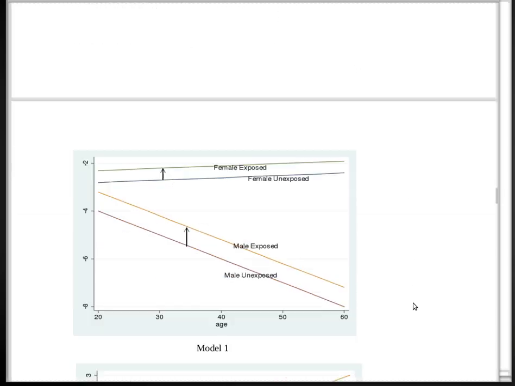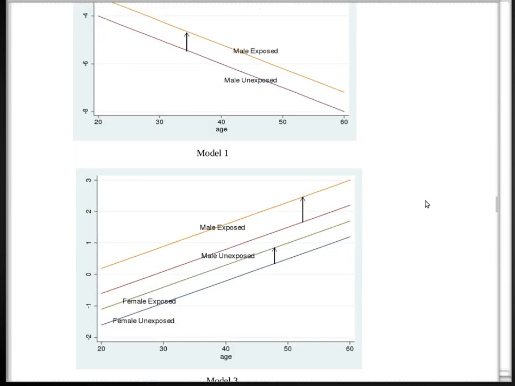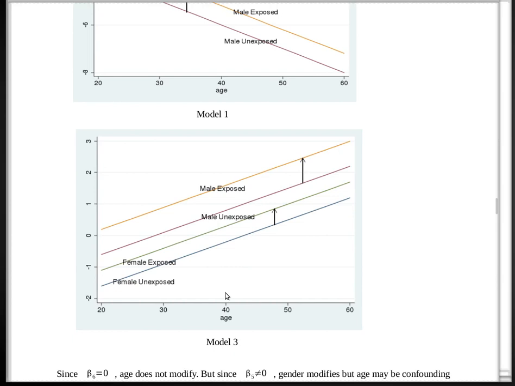Let's see if that's the case. Aha! So this is model 3. The way I've drawn this is that if we were to fit model 3, we would see now parallel lines for the men and parallel lines for the women.